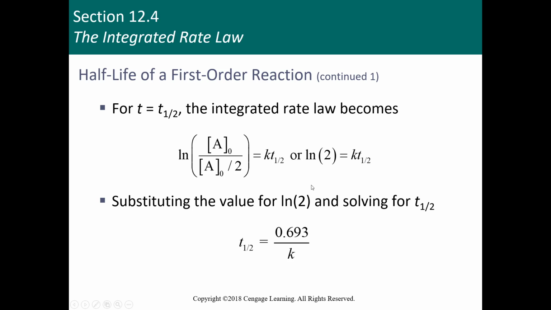So if we substitute the value of natural log of 2 and solve for T1/2, we can get this right here. This value right here is natural log of 2. Personally, I remember this as natural log of 2 because I just have trouble remembering numbers like this. However, the half-life for a first order reaction is always the half-life equals 0.693, or natural log of 2, over k.